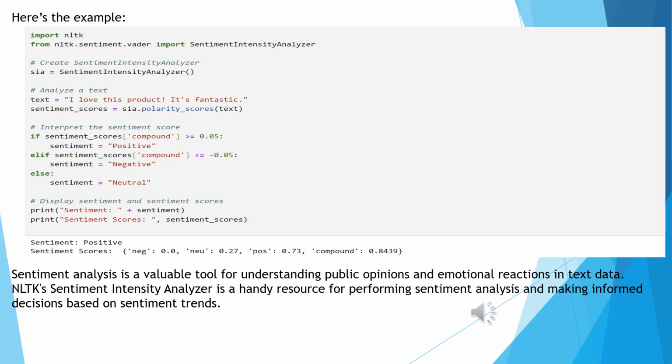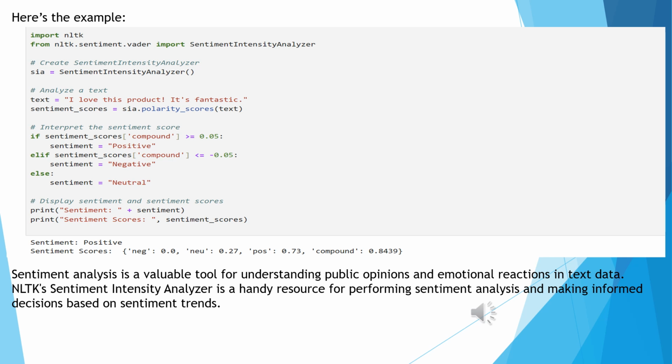Compound is the overall sentiment score, which ranges from -1 to +1. The compound score we got is 0.439, suggesting a strong positive sentiment. Based on the compound score, we can classify the sentiment as positive. The scoring approach allows us to quickly interpret the overall tone of the text.